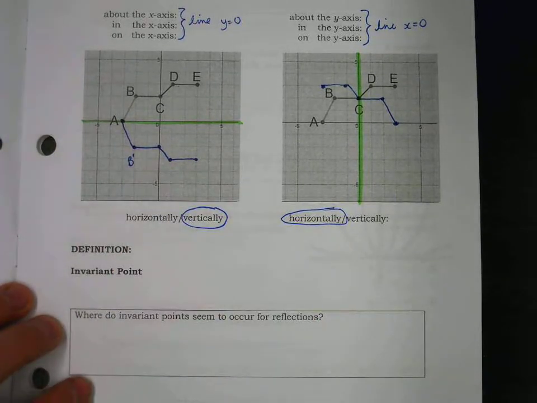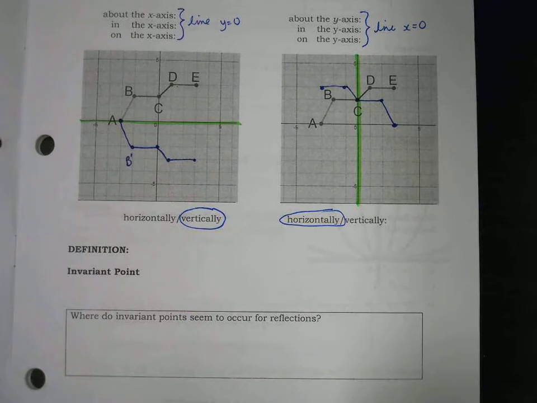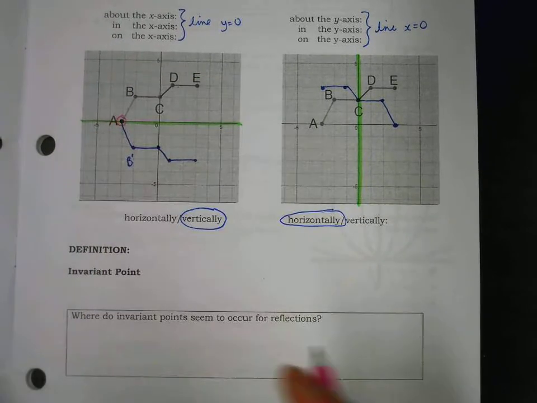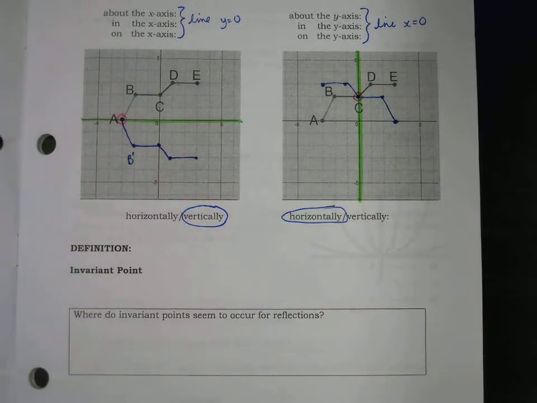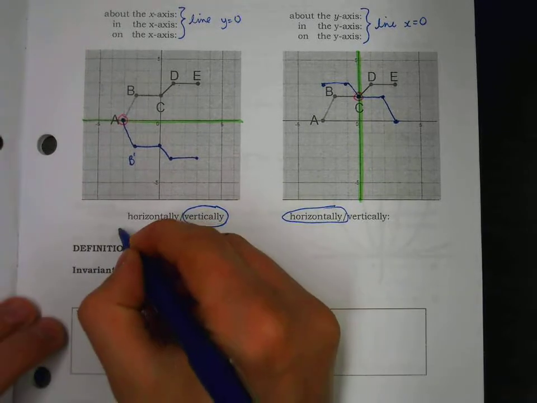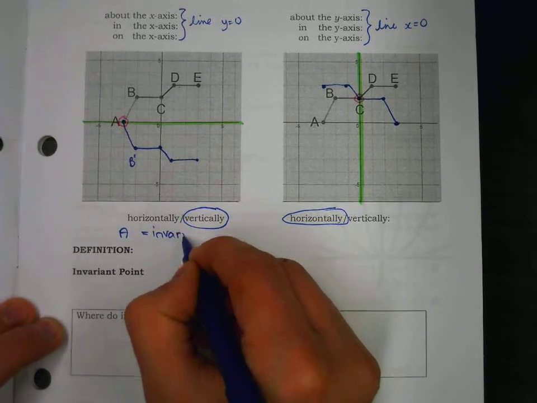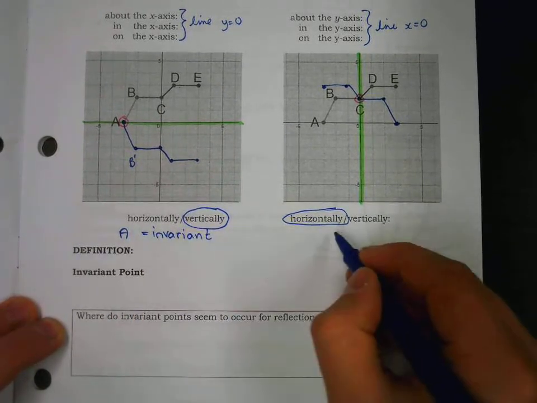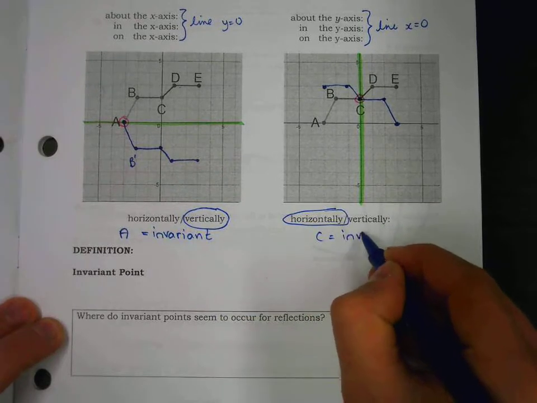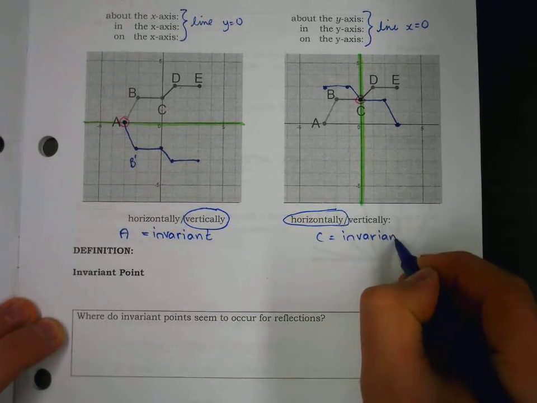Graph on the left, which point didn't move? You might see that A didn't move. For the graph on the right, C didn't move. So we could say that for the left graph, the point A was invariant. For the graph on the right, we could say that point C was not varying, or invariant.